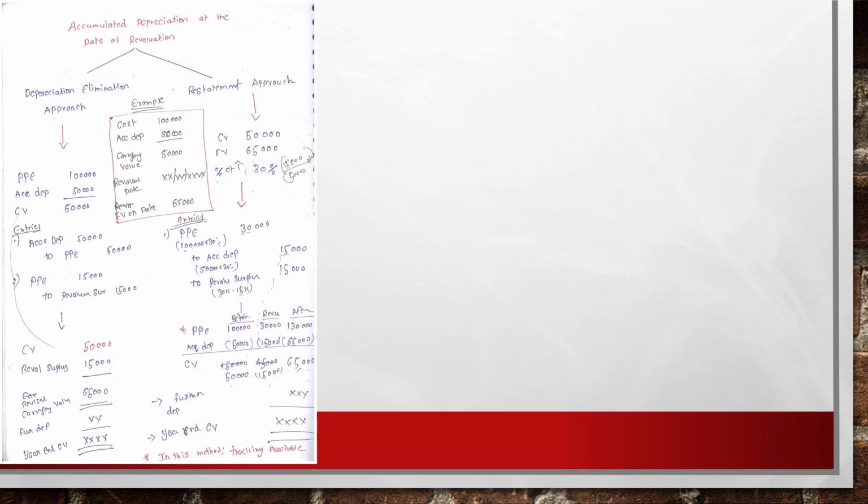Now what we will do once we have completed the revaluation is the question. Suppose I give one example first, then you will understand how we revalue. First I will explain the depreciation elimination approach. We have two approaches allowed in Ind AS.